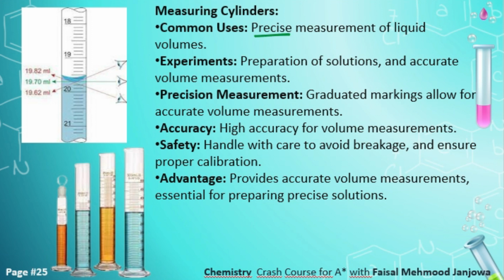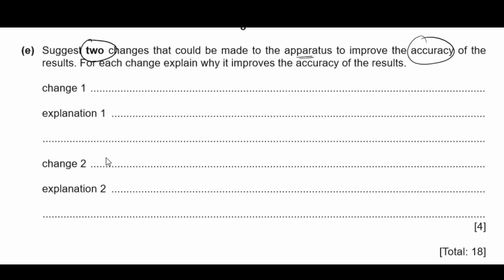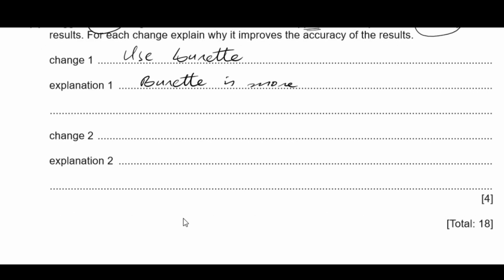I hope you remember that a measuring cylinder can also be used to precisely measure the liquid, but be sure that whenever we require accuracy, we use a burette rather than a measuring cylinder because a burette is more accurate, more precise than the measuring cylinder. So it can be suggested here to use a burette for measuring the volume of the liquid instead of a measuring cylinder because a burette is more accurate than a measuring cylinder.